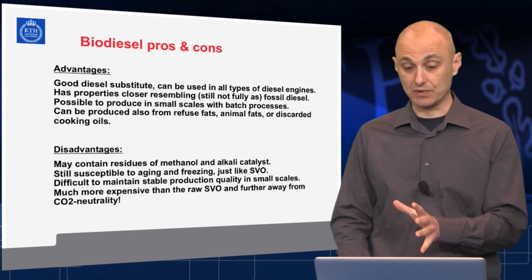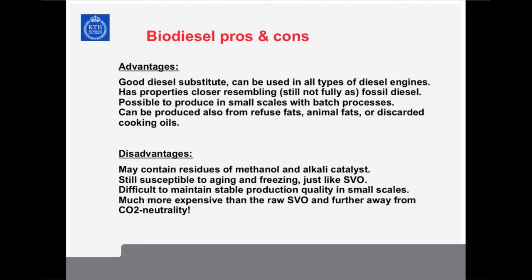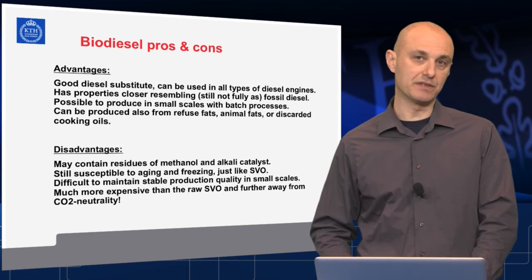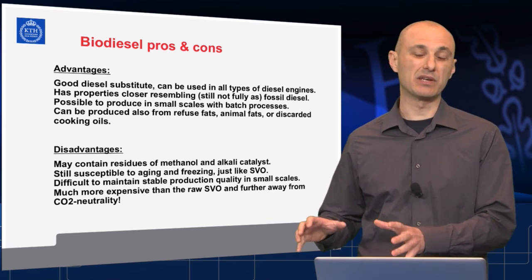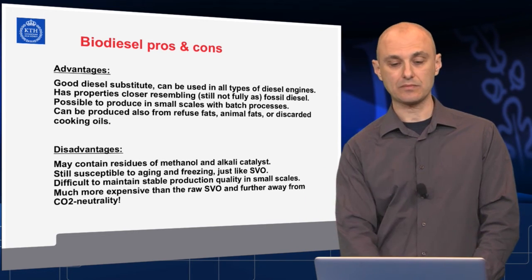Biodiesel pros and cons, advantages. The whole point of producing biodiesel is that it would be the perfect substitute for the fossil diesel produced from straight oil. Unfortunately, it's not that perfect. It's a very good substitute, but it also suffers from some disadvantages typical also for the straight oil.